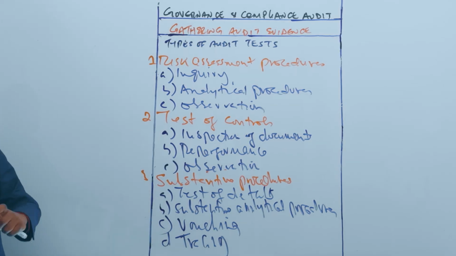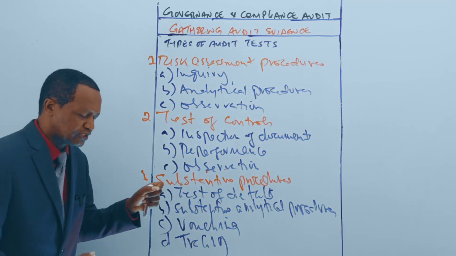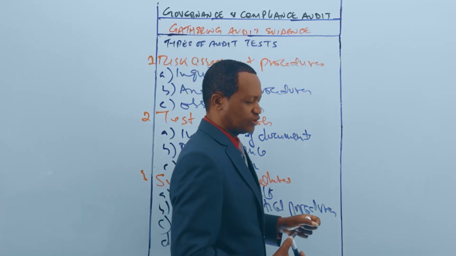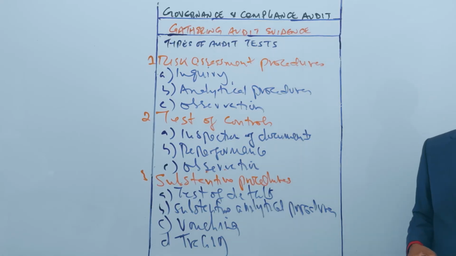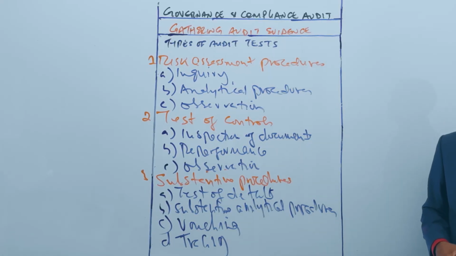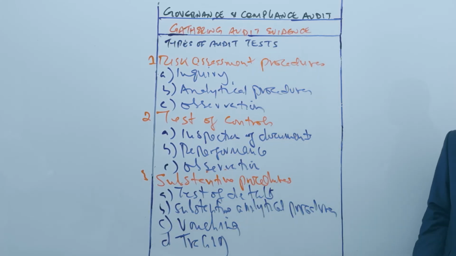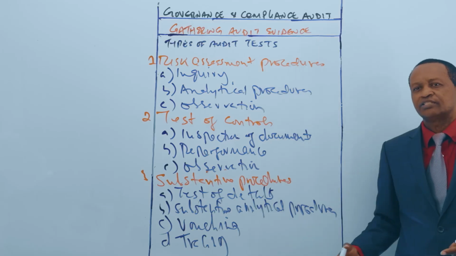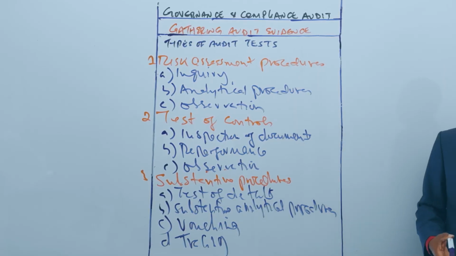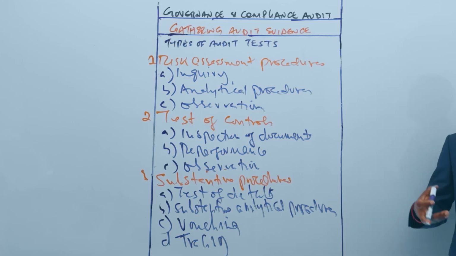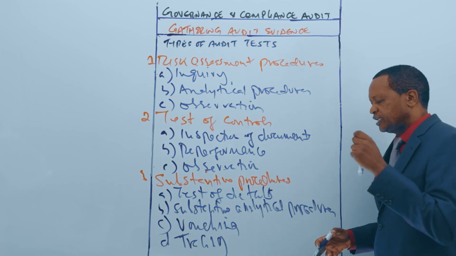Every transaction must be supported by documentary evidence. That will help you prove that the transaction actually happened. Tracing, on the other hand, means starting with the paper document and making sure that it was recorded in the system. That proves the record is complete.